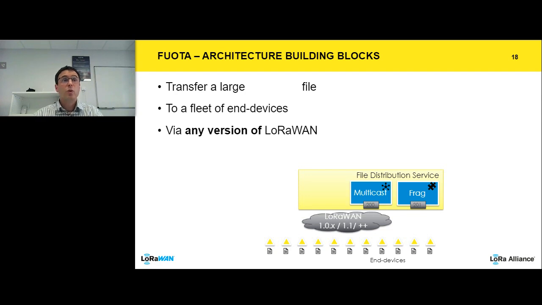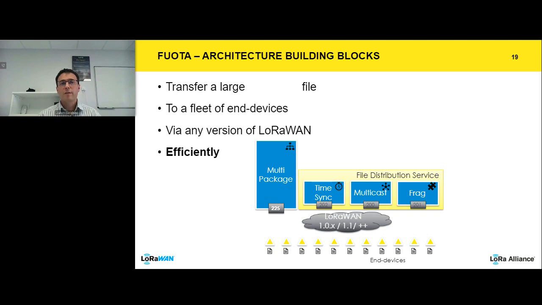Next, what we want to do is to send that large file to a fleet of end devices, but efficiently. There are two efficiencies: radio efficiency, which is achieved over multicast, but also power efficiency. And power efficiency is made with the help of the time synchronization specification. With that spec, we allow any end device to have its clock synchronized closely to the network clock.